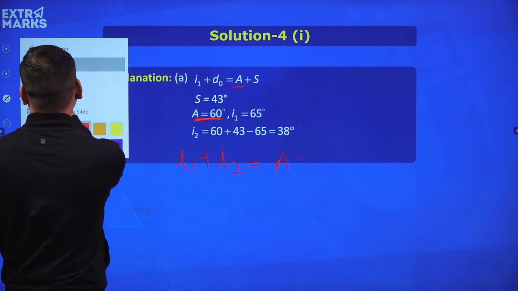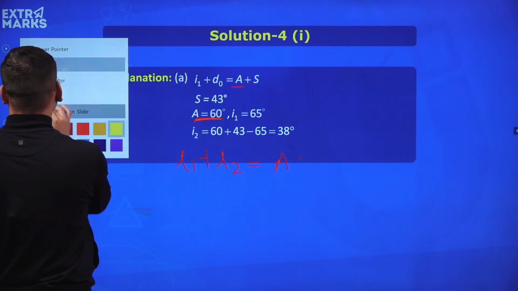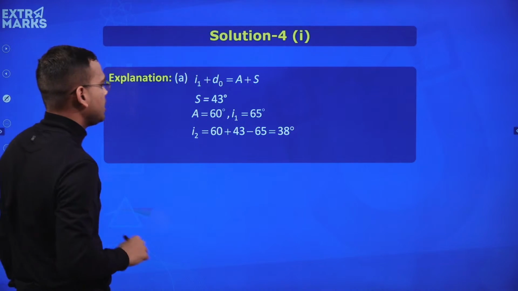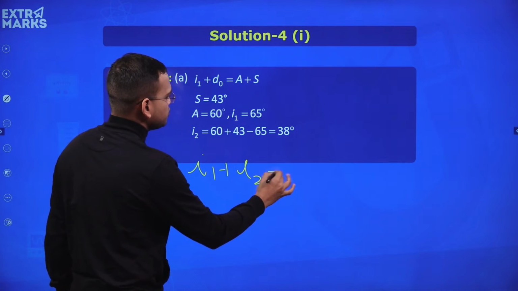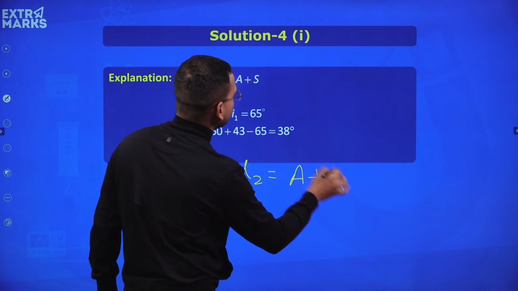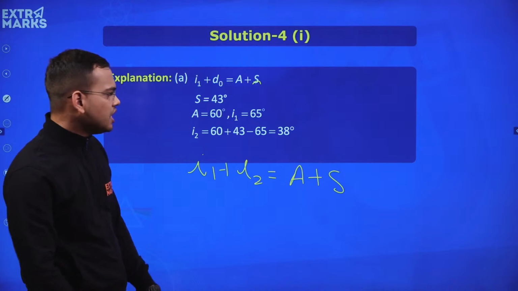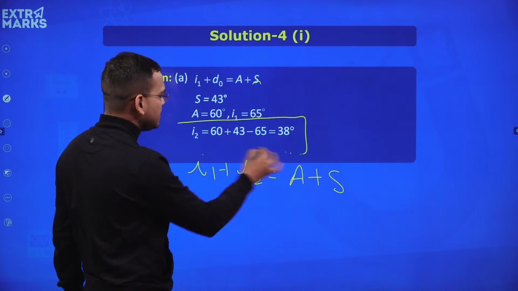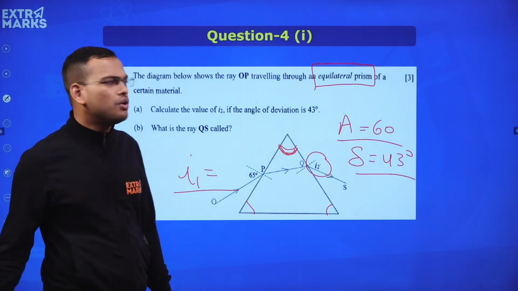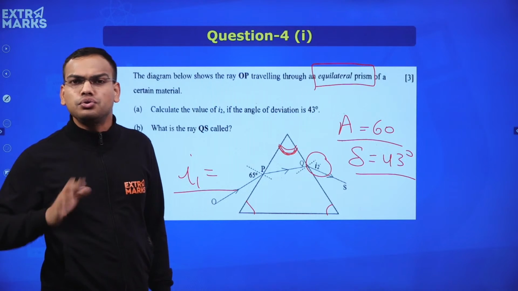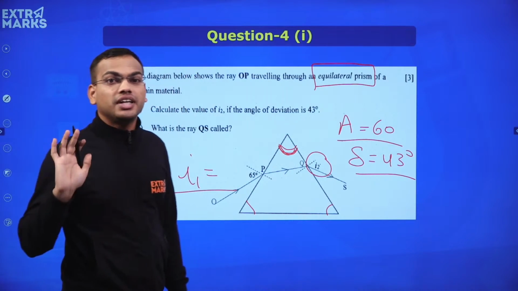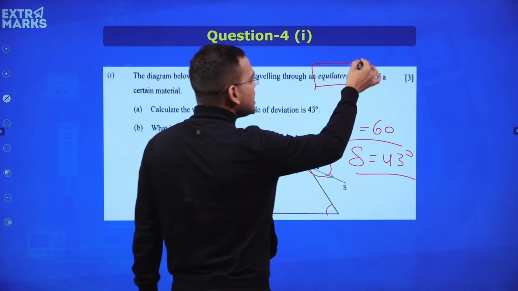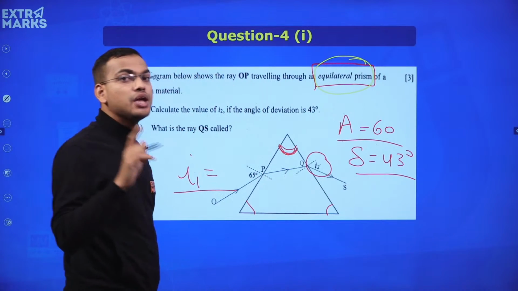Okay, I'm writing it here again. I1 plus I2 equals A plus delta. If you put all the values, you will definitely get I2 as 30, because all the values are given in the question. You do not have to think too much. Just the angle of prism was not given. For that, they have given the data that it is an equilateral prism.